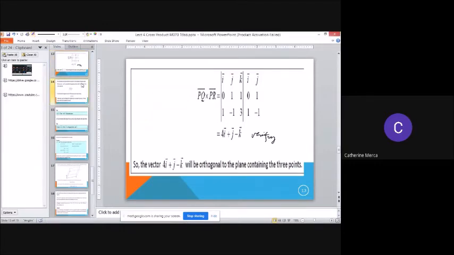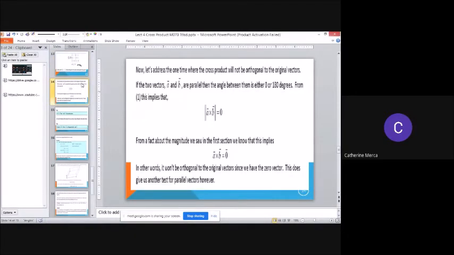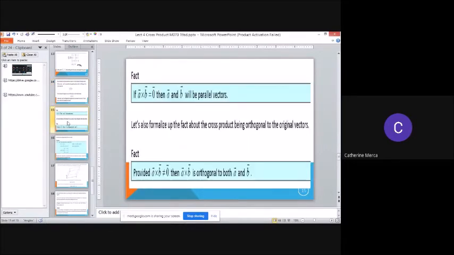So if A cross B is equal to the 0 vector, it won't be orthogonal to the original vectors since we actually have the 0 vector. So these are some facts that you need to recall.